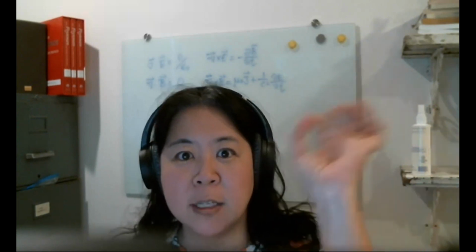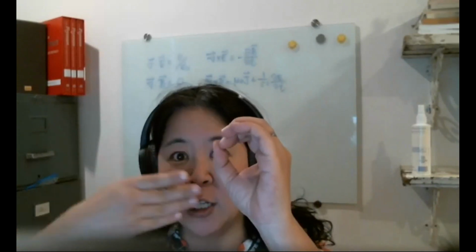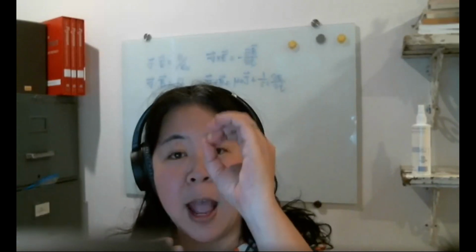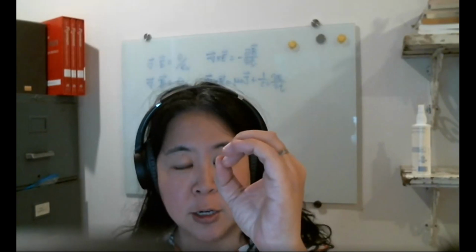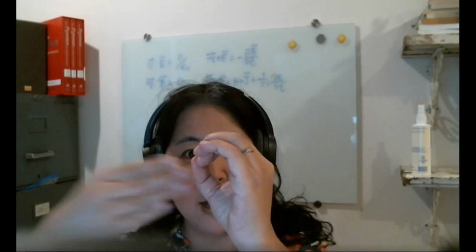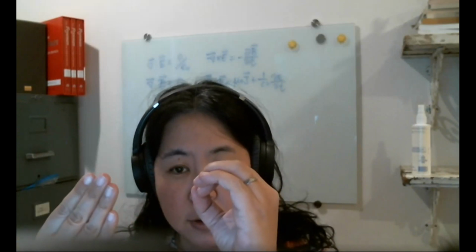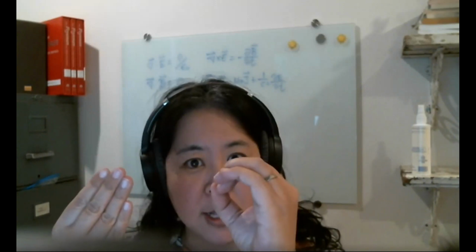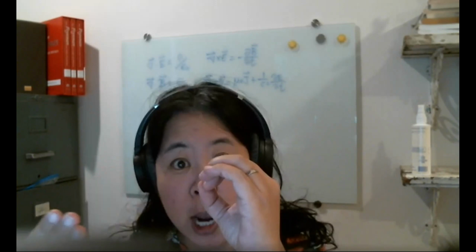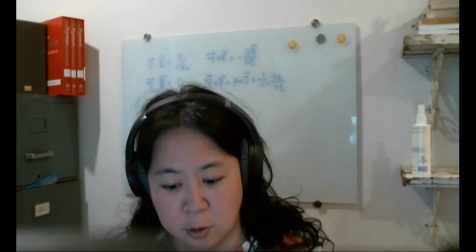All you need is the closed loop, and then inside the loop, if you have a change in magnetic field, then the current will be induced. You have a voltage that's induced, but you have to have a change in magnetic field. If the magnetic field is stationary, no matter how strong it is, you don't have anything induced. But anyhow, the change in magnetic field will have a voltage induced.